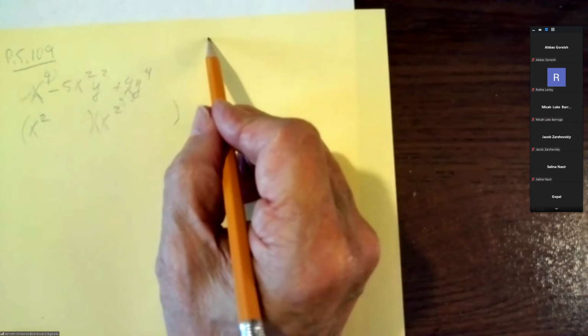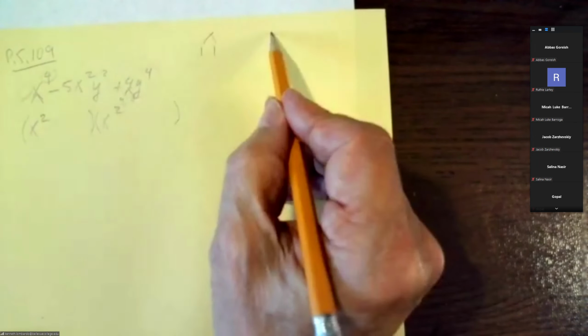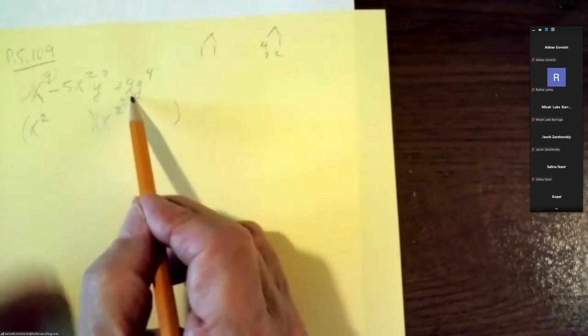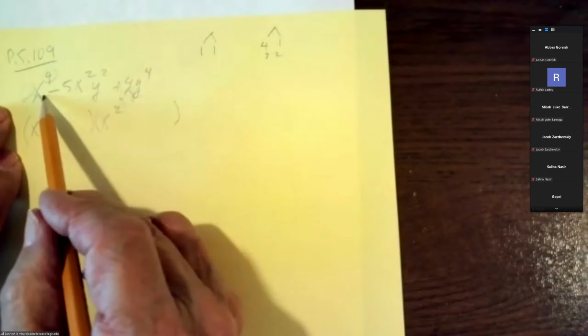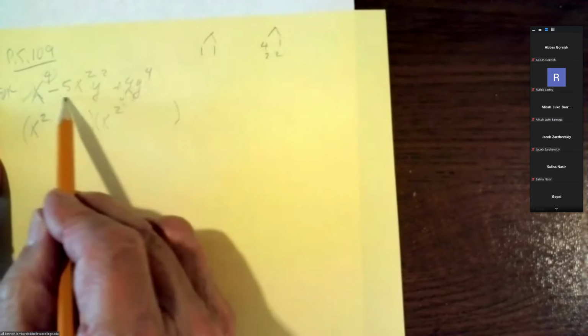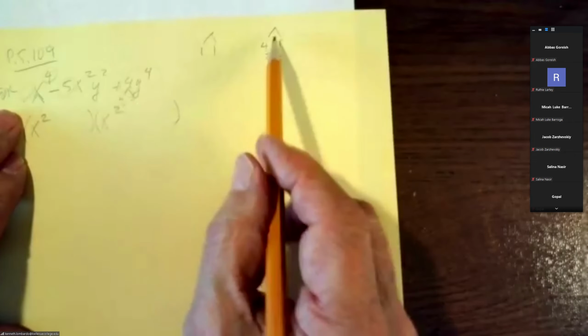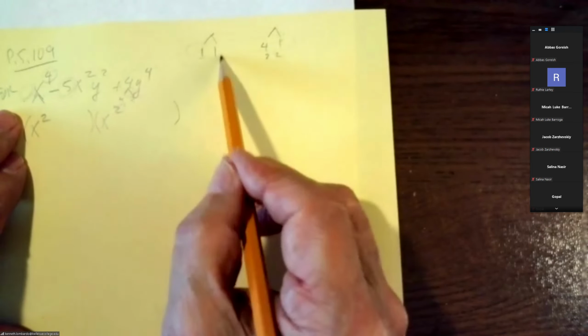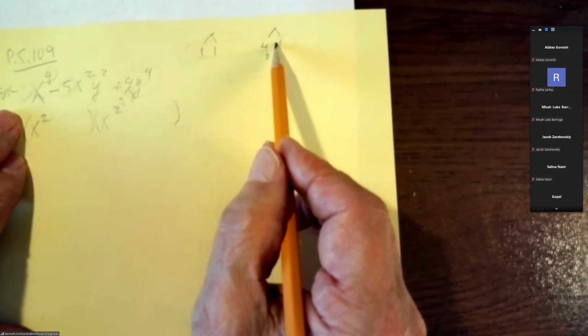So we've got 1 and 1 on the first one, and either 1 and 4 or 2 and 2 on the y to the 4th. When we do our FOIL and we do outer plus inner, we have to come up with a 5. So outer, if we used the 4 and 1, outer is 1, inner is 4, 4 and 1 is 5, that would work.